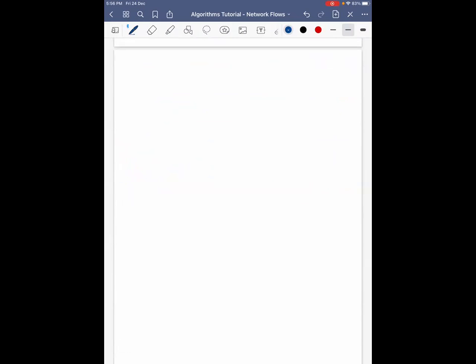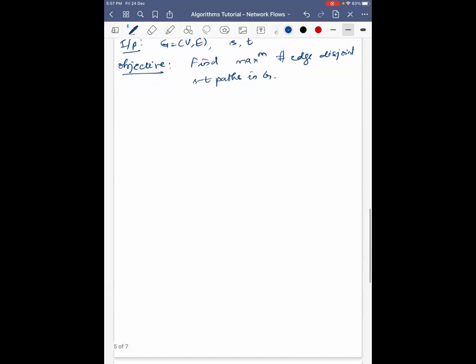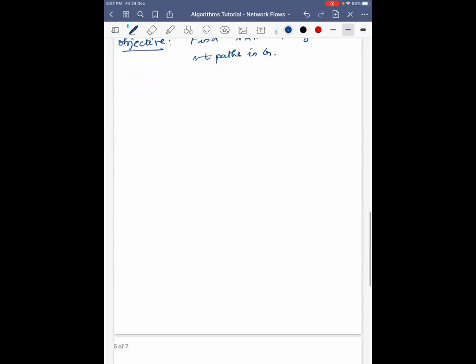The input is a directed graph with a distinguished source and sink, and our objective is to find the maximum number of edge disjoint s-t paths in G.